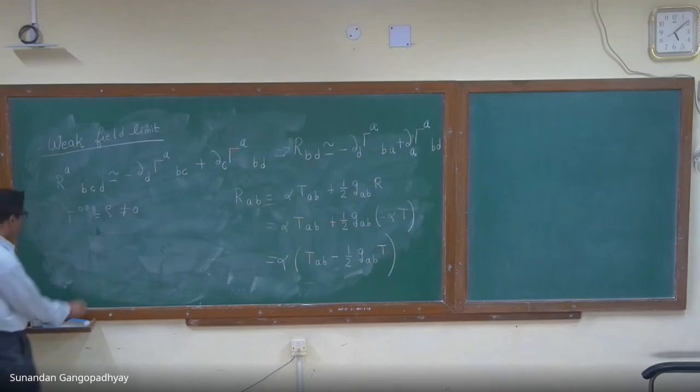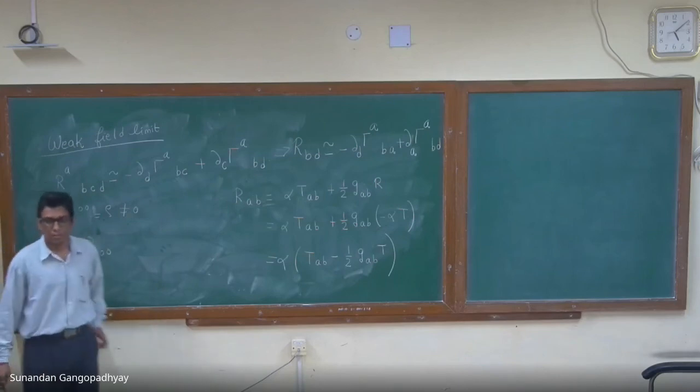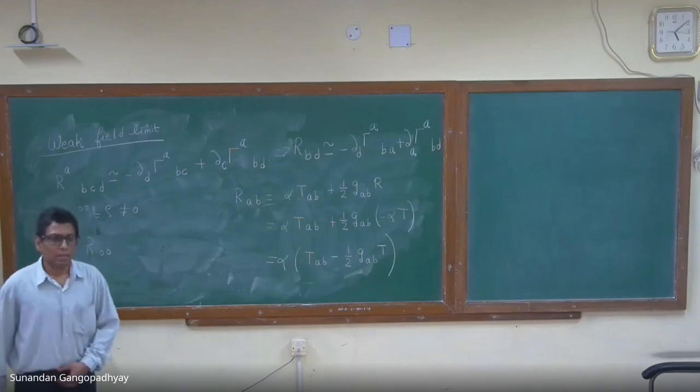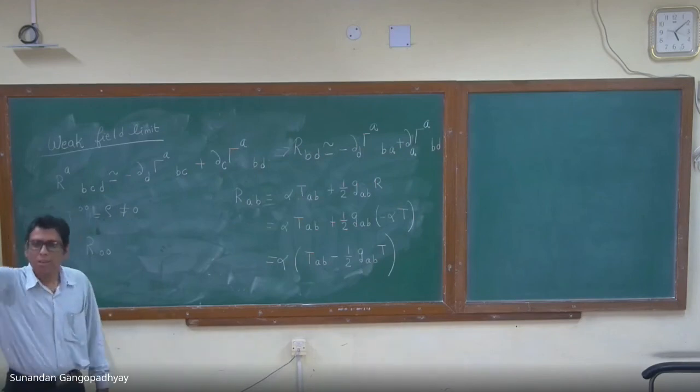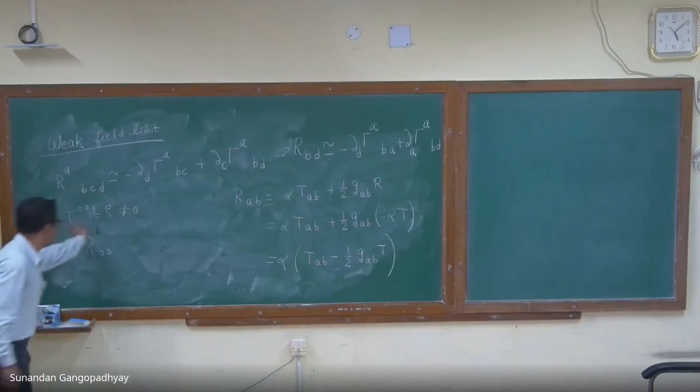So it is sufficient to look at the equation for R00 only, because the rest will be R equal to 0. That is the empty space equation. That is fine. Only this is 0. So just look at the R00 component.